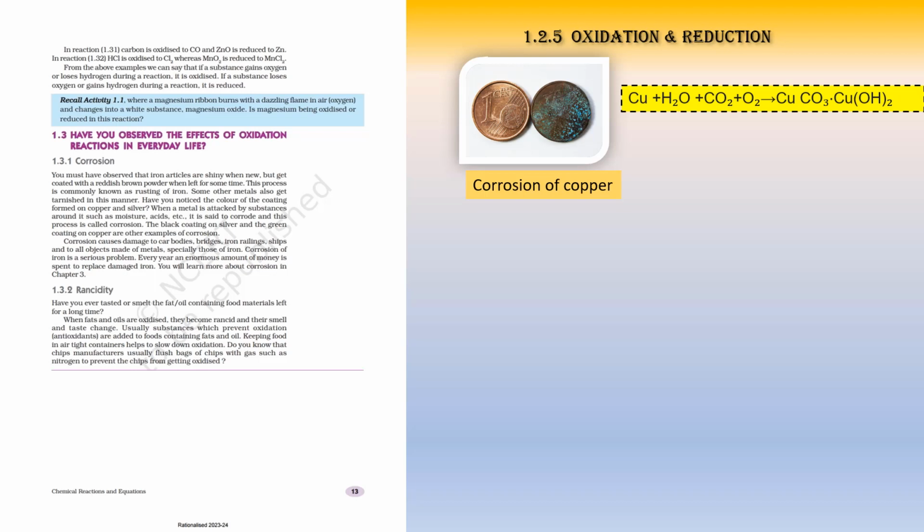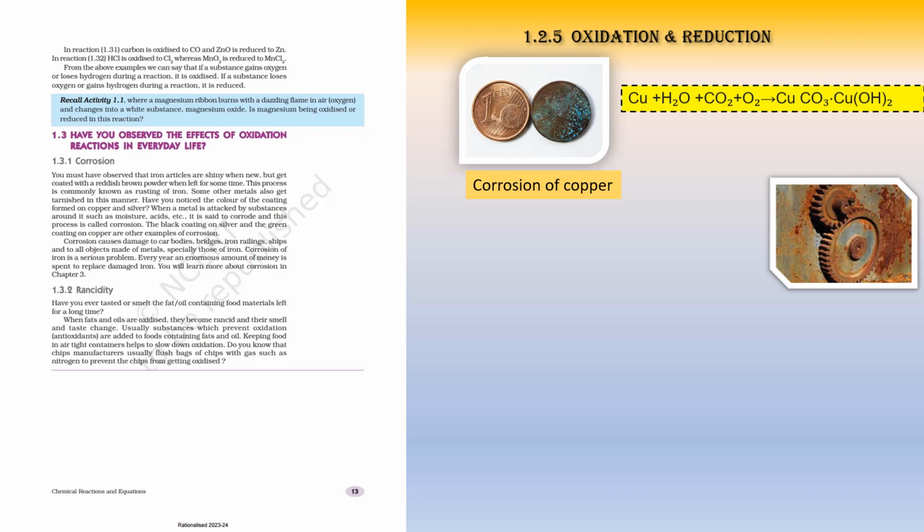This complex compound leads to discoloring of the metallic copper. We often get to see the corrosion of copper in old copper coins.